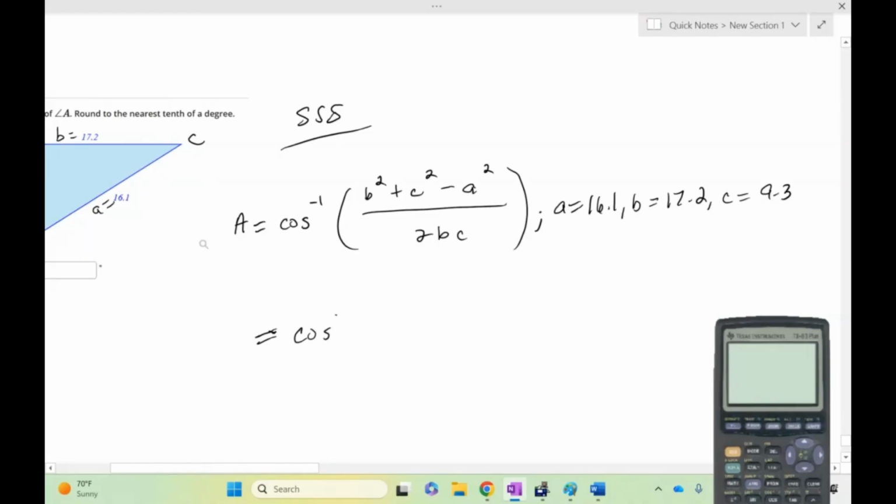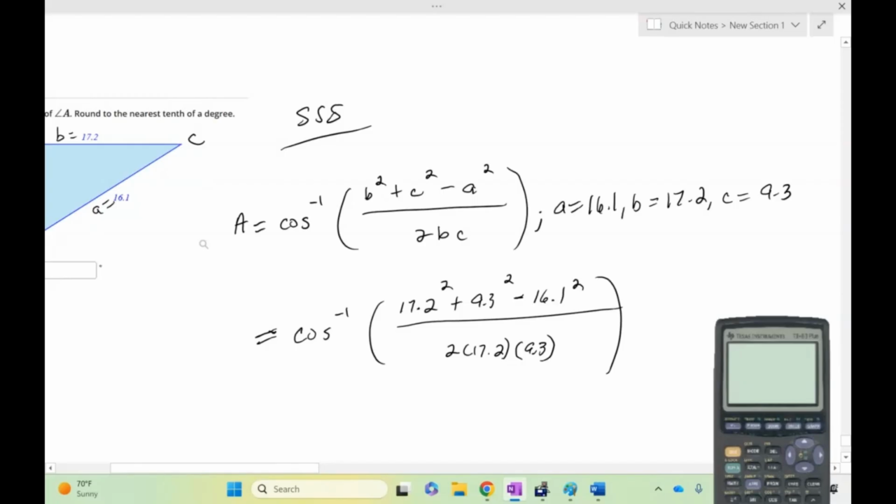So this is the arc cosine of, okay, I believe this is what we should have.